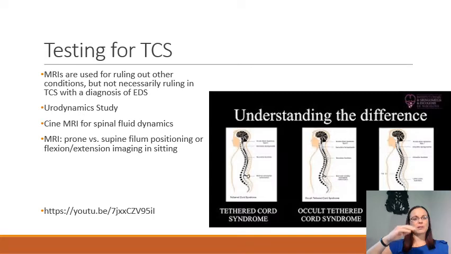Is it able to come off of the posterior wall if they go into a prone position? And then one thing that hasn't been done too often, but potentially with the patient, looking at upright MRI, lumbar spine, flexion extension imaging to see how the movement of the filum happens when the patient actually moves from flexion to extension.